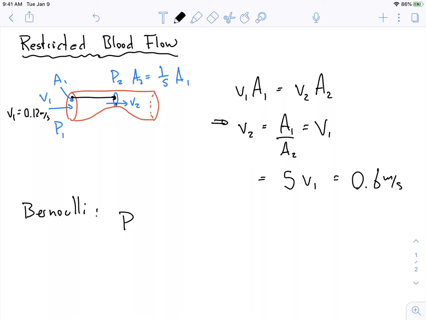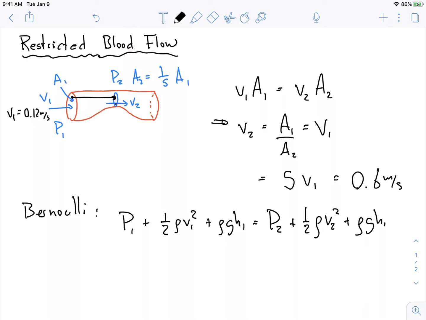So if we write down Bernoulli, we have P1, the pressure at point 1, plus 1/2 rho V1 squared plus rho g h1 is equal to P2 plus 1/2 rho V2 squared plus rho g h2. And we're assuming that h1 is essentially equal to h2, so these cancel out.